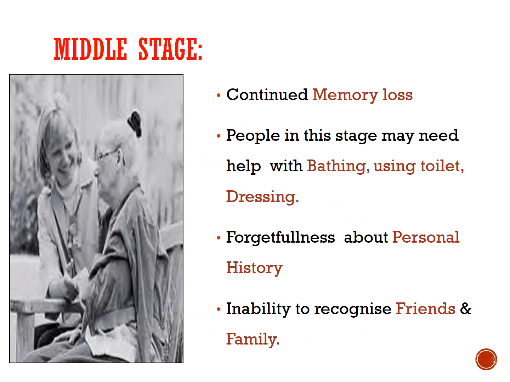In the middle stages of this disease, the memory loss still persists, and people in this stage usually require help in bathing, using the toilet, as well as dressing, and they forget their personal history, and they face difficulty in recognizing friends as well as family members.